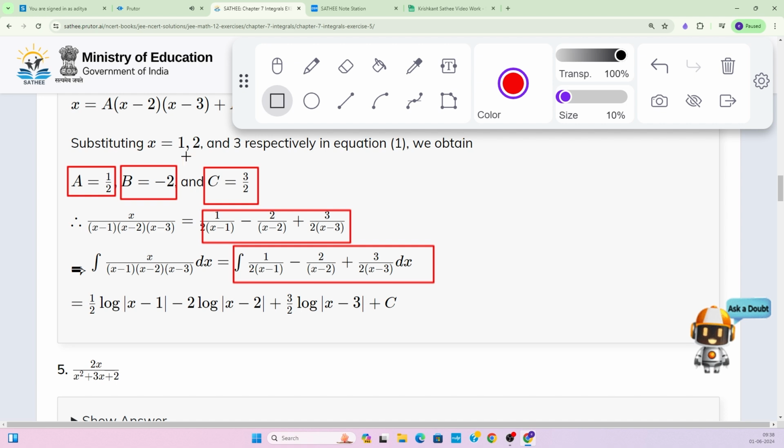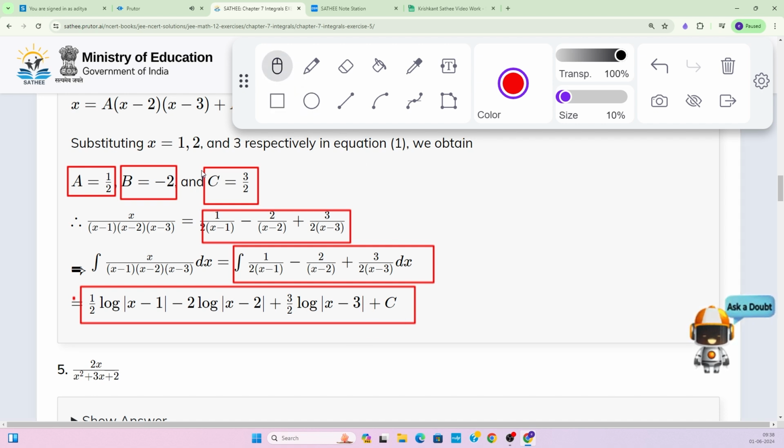Now evaluating the integral separately, you will get 1/2 log(x minus 1) minus 2 log(x minus 2) plus 3/2 log(x minus 3) as your answer. Okay, clear? I hope it is clear.